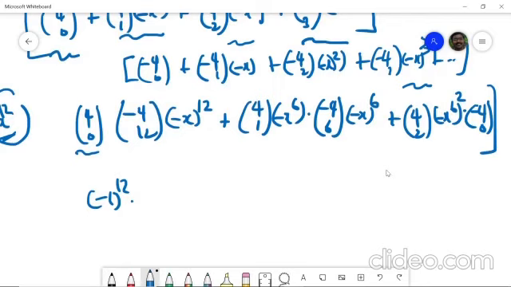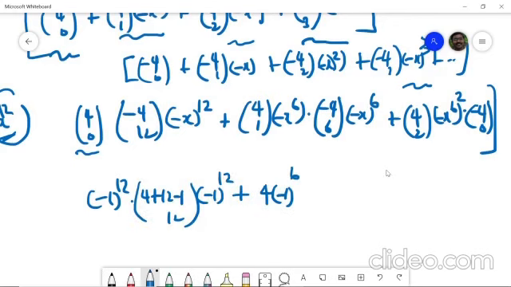So next coefficient would be again 4c1, which is again 4. I am omitting that x factor here, so it is simply minus 1 raised to 6. Then again it would be 4 plus 6 minus 1 c6 into minus 1 raised to 6 from there, and also for the second term itself we have minus 1 raised to 6 there also.